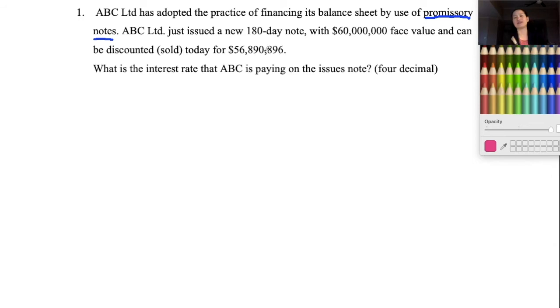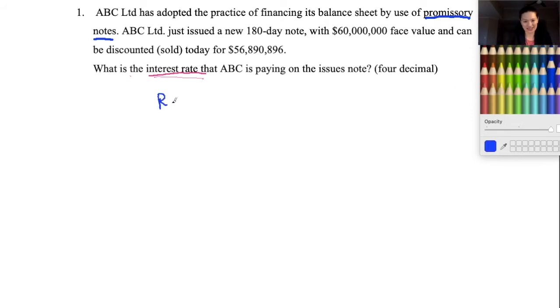Actually it's 56 million, but I read it like a number because it's easy to put in the formula. And then what is the interest rate? That means you're going to find it. This is what you're going to find: the interest rate that ABC is paying on the issue. Okay, let me tell you about the formula again.